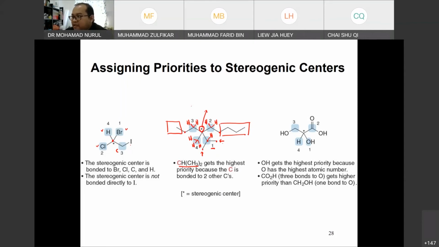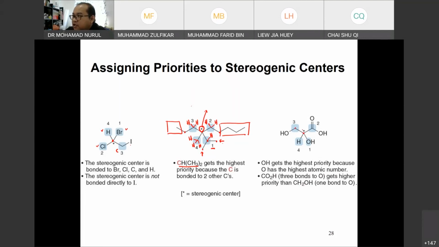So in this case, OH gets the highest priority because OH has the higher atomic number. C double bond O, CO2H, has 3 bonds to oxygen, and gets higher priority than CH2OH, because this one is carbon, oxygens, protons, carbons.